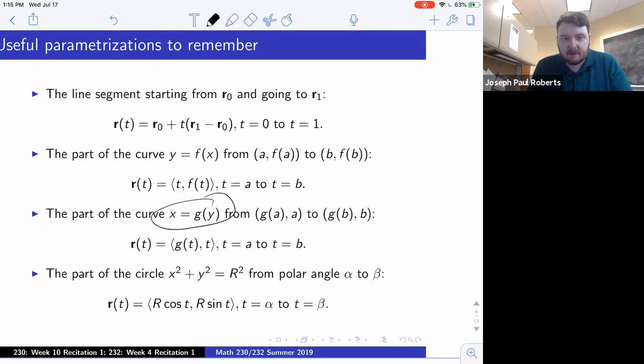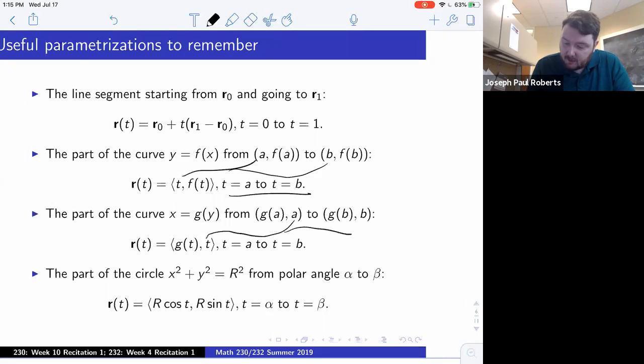So if you're given x in terms of y, might as well just let y be t, and then x is going to be g of t. The only thing that's a little bit different is, when x is t, you're looking at the x values to figure out the t values. But when y is t, you're looking at the y values to get the t values, which if you just pause for a moment to think about it, it should make sense.